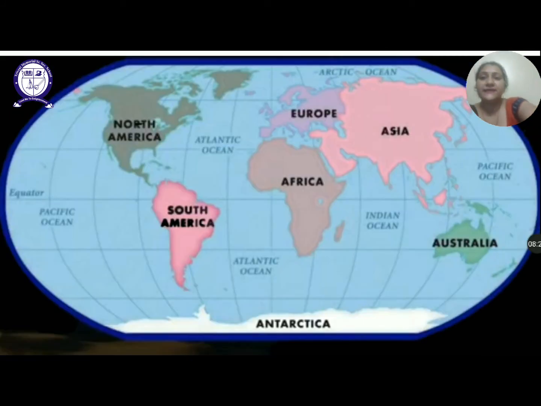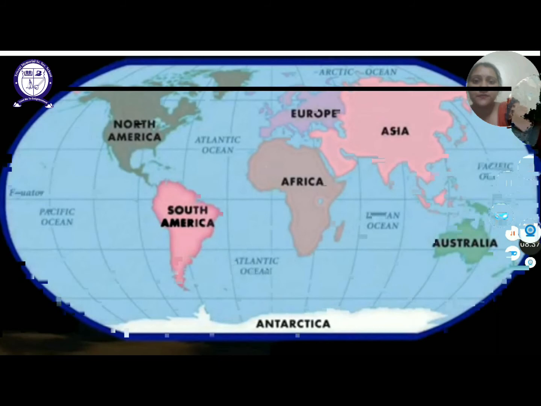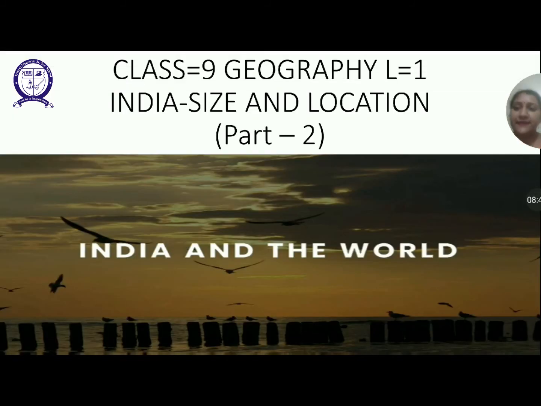So we can see here the largest continents: North America, South America, Africa, Europe, Asia, Australia, Antarctica. These are the 7 continents. India and the world, that is our second part of this chapter.